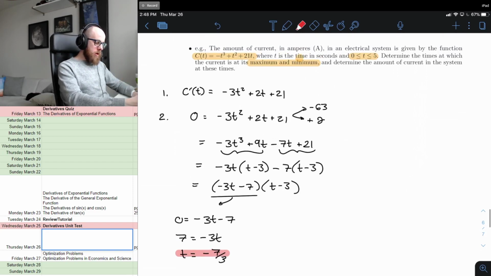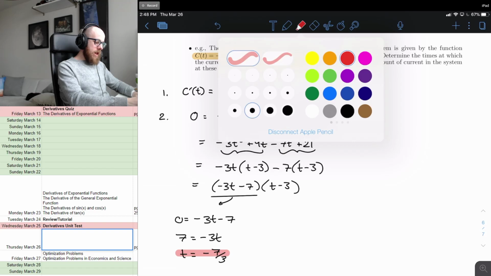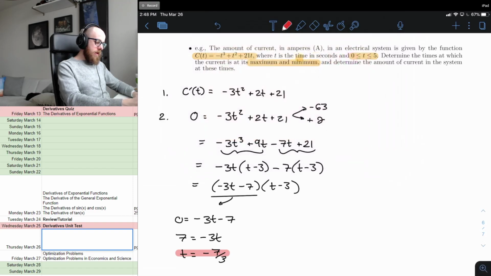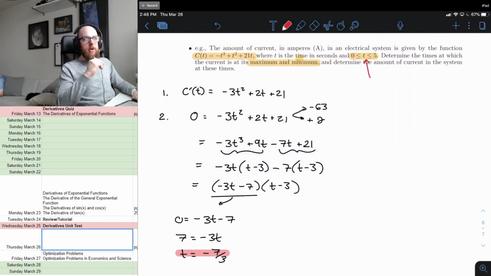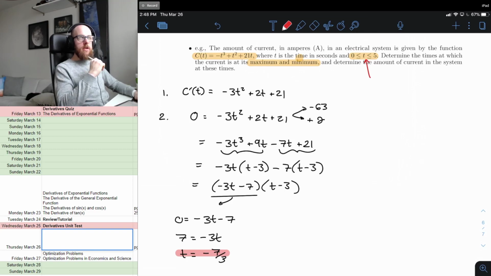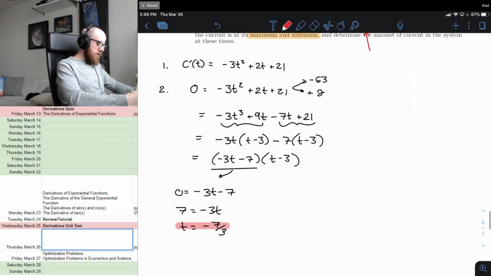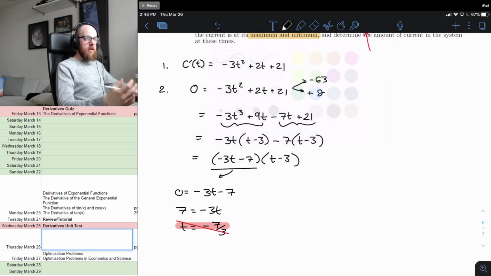If I go back up to the question, I note that the current formula is only defined between 0 and 5 seconds. And so this value here is inadmissible, right? Mathematically it works, but physically it's meaningless. So we get rid of it. We don't have to worry about it, okay?